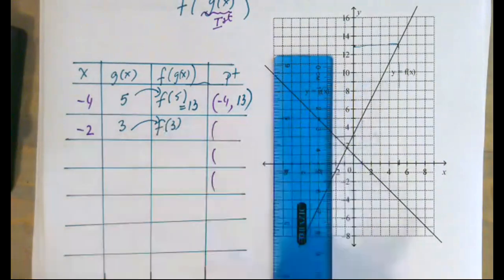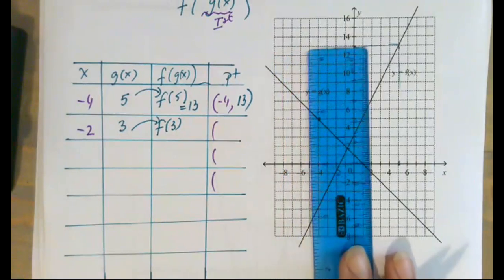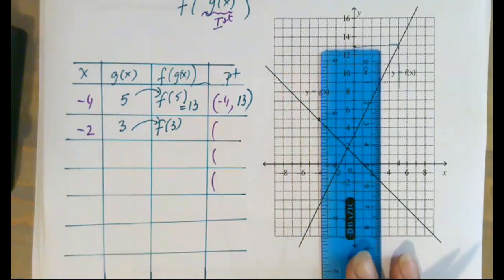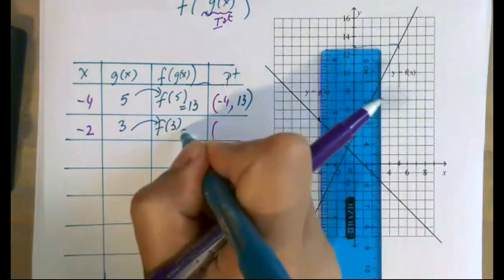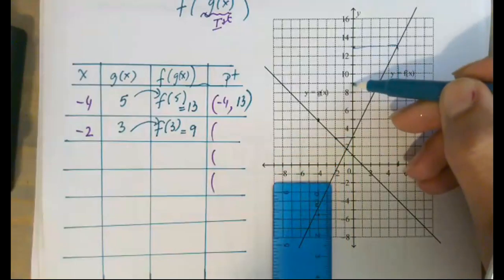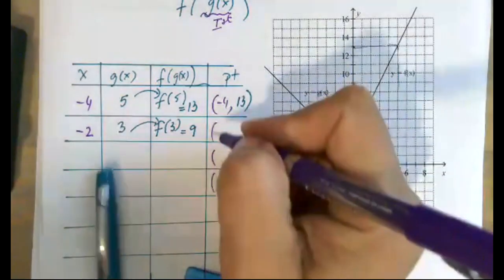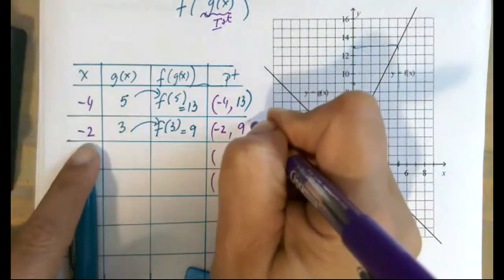So f at 3. You're not at -2 anymore, you're going to be at 3. So f at 3 is 9. So our point is -2, 9.